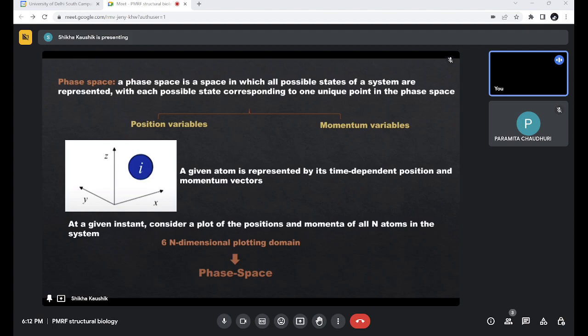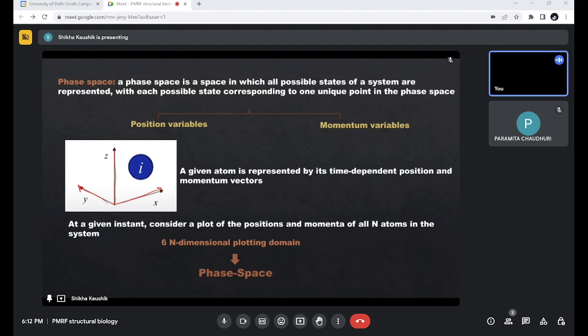At a given atom, if you look at the 3D dimension, there can be six variables. We understand everything in a 3D aspect, but there are other dimensions as well.